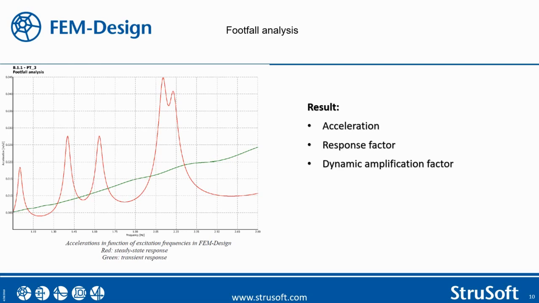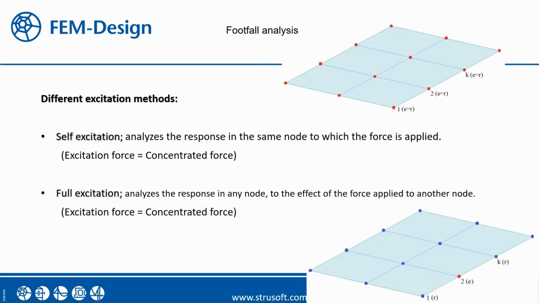In FEM-Design, there are many ways to describe the calculated vibration behavior of the structure. One is the acceleration, as I mentioned before, but we can also see the result as dynamic amplification or response factor. Before we go into more detail about the types of results, I would like to explain the three types of excitation modes.